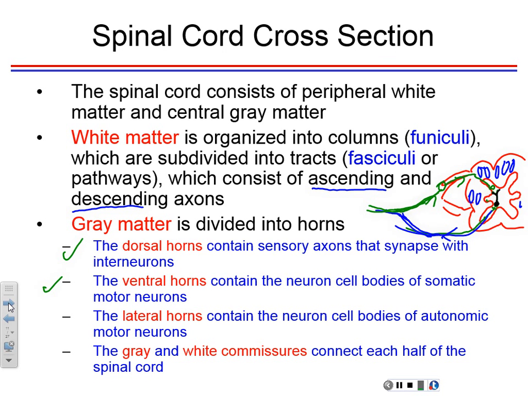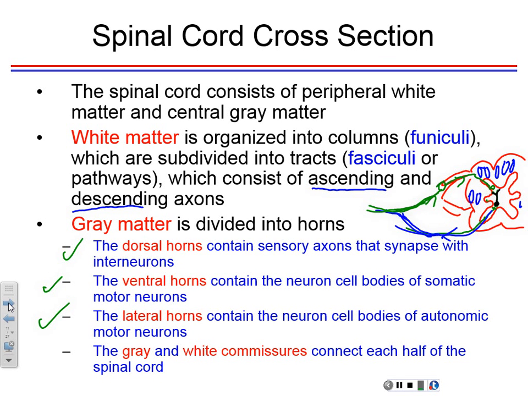That control things like the blood vessels, the small intestine, anything that's automatically controlled will be carried by the autonomic motor neurons. Okay? Anything that is voluntarily controlled, like the skeletal muscles, will be the somatic motor neurons. Okay? So the lateral ones will carry the autonomic motor neuron cell bodies. All right? So, because in the exam I'll ask, okay, what is located in the ventral horns or the dorsal horns, the lateral horns, okay?